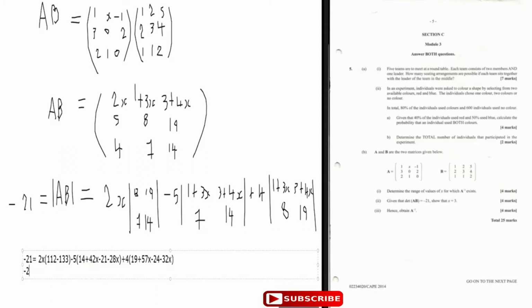We have minus 21 is equal to 2 times 112 is 224x. 2 times minus 133 is minus 266. Then we have minus 70, minus 5 times 42 is minus 210x.